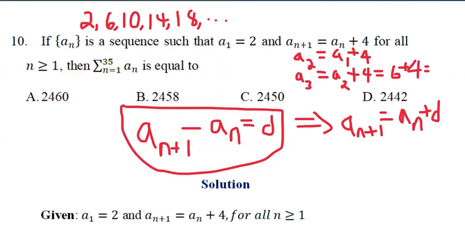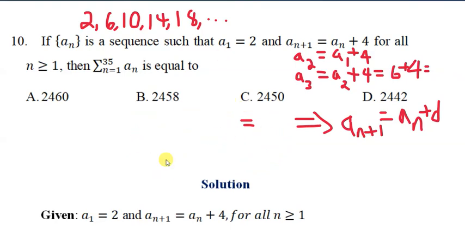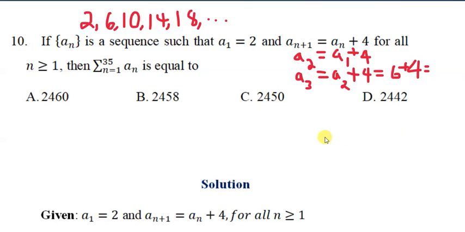But first, let me clean this area. Once you understand this formula, what do you mean by the summation of an with n running from 1 up to 35? That is the first point.